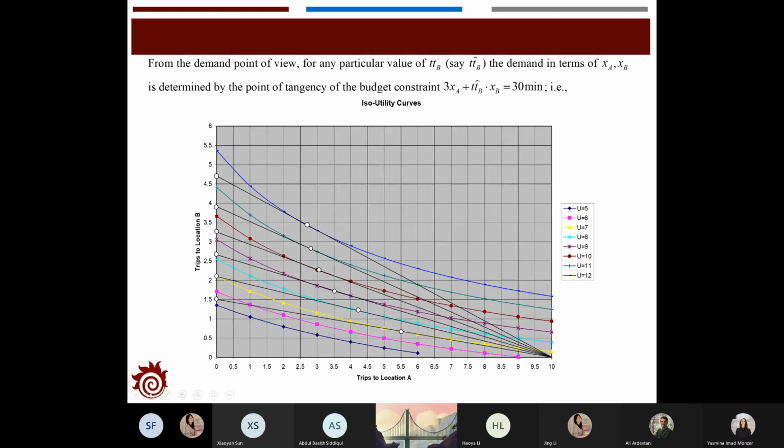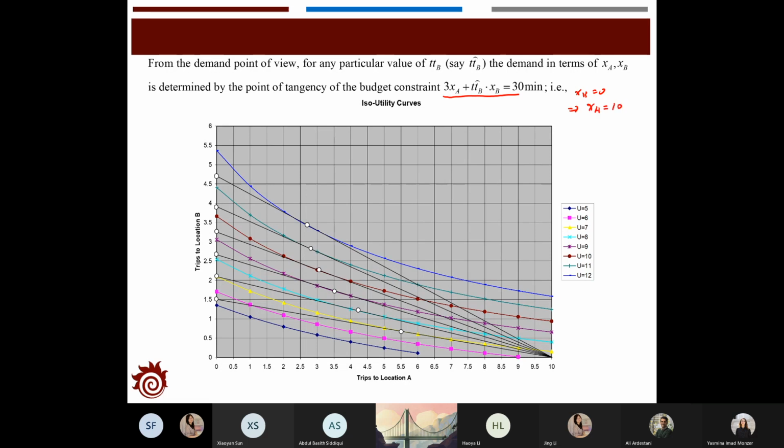So for this specific problem, we have the budget constraint 3XA plus TTB times XB equal to 30 minutes. And clearly, if XB equals 0, then you can easily solve that XA is 10.